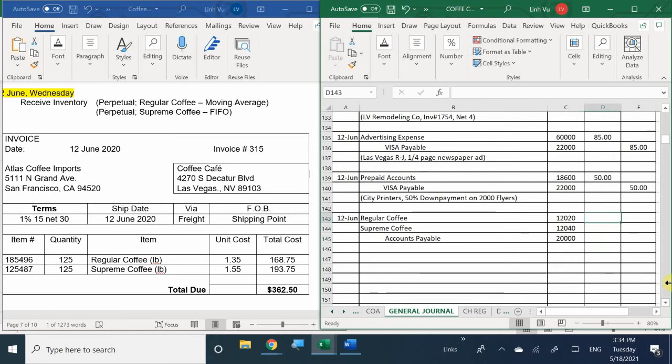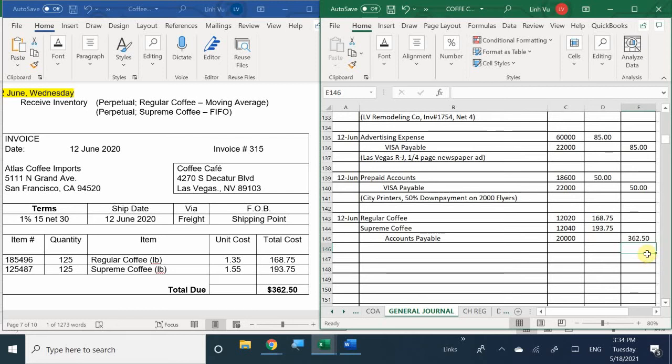What's my total regular coffee? 168.75. And then what is my supreme coffee? 193.75. And therefore, I'm going to add them together just to ensure that it is 362.50.